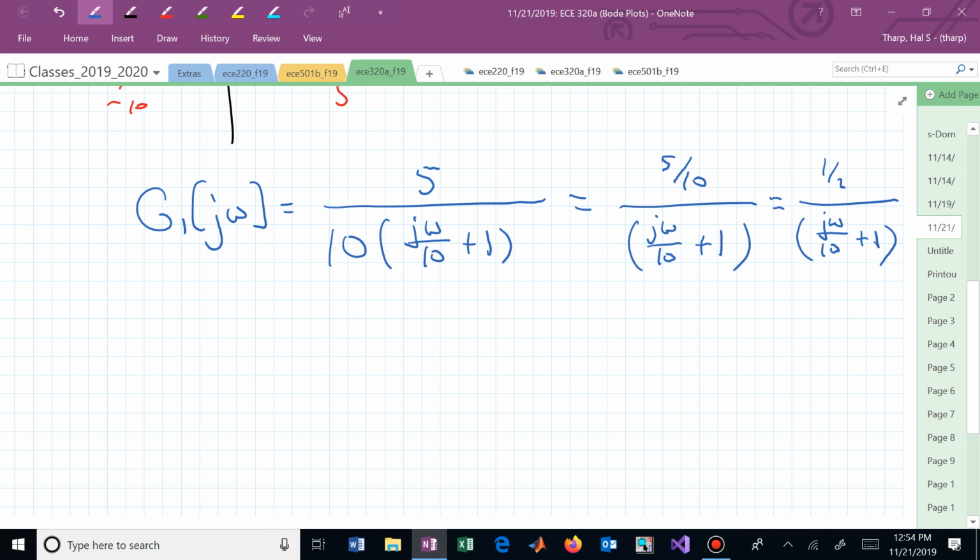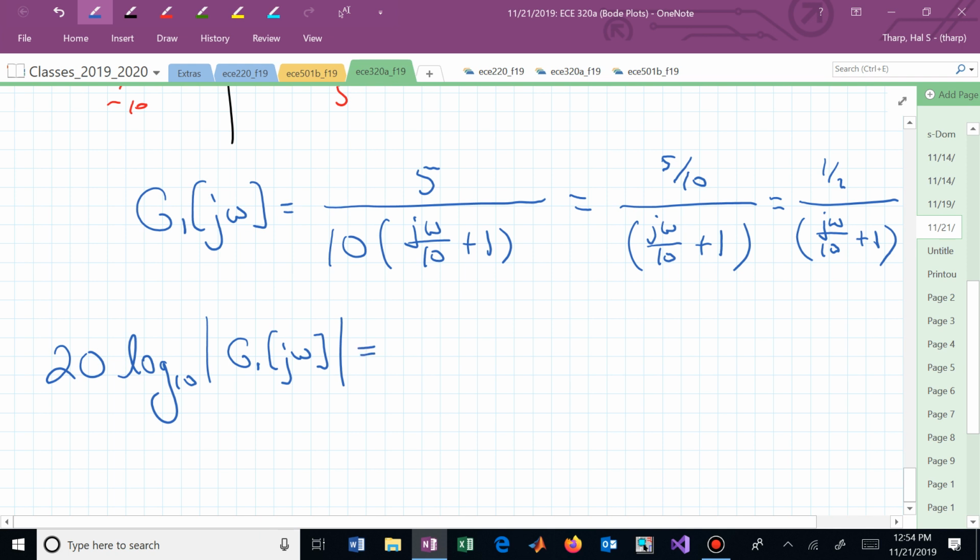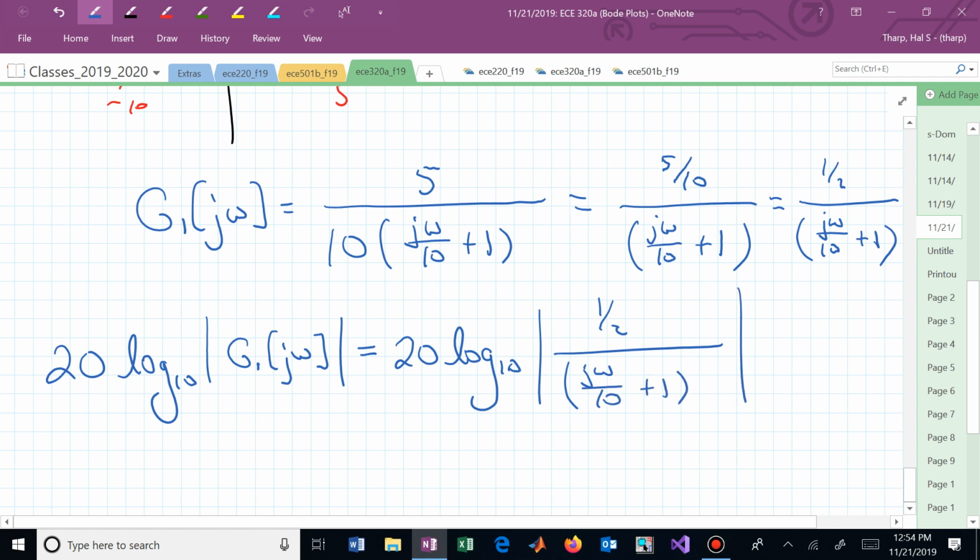Now, if we look at the magnitude of G in dB, we now have 20 log base 10 of 1/2 over j omega over 10 plus 1.